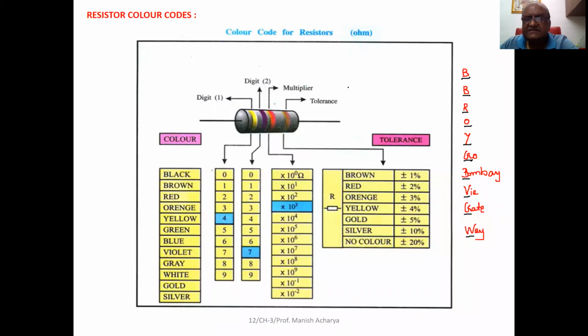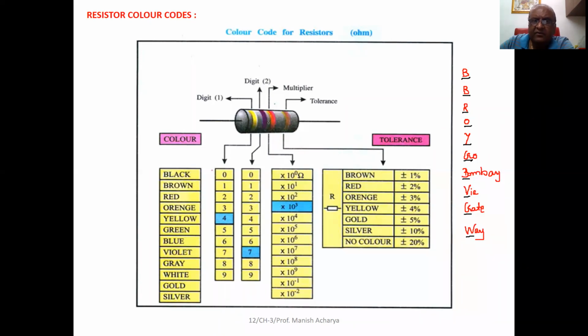Now let's discuss how the value is decided. Here the resistor given to you has four color bands.